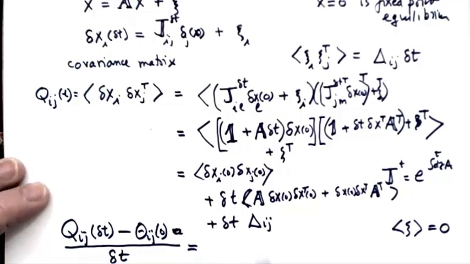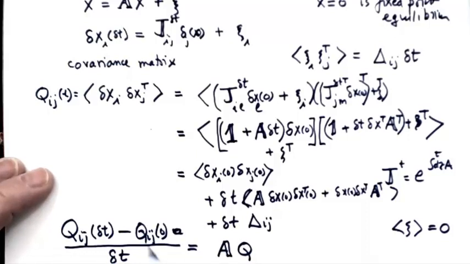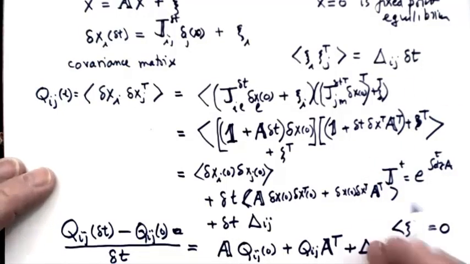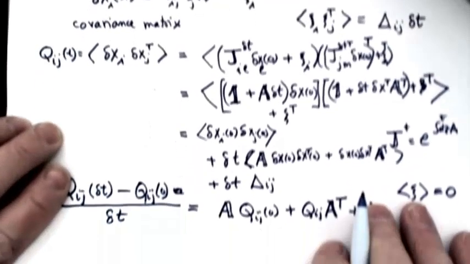This thing is proportional to A. This is the covariance matrix at time 0 plus the covariance matrix, it's a symmetric matrix, so it transposes itself, times A transpose plus delta, and that is also proportional to time.